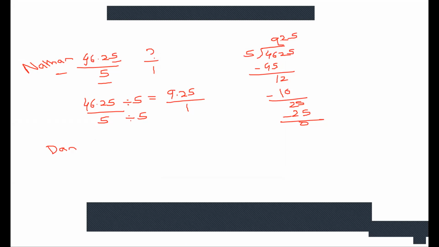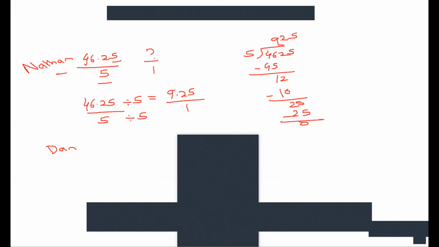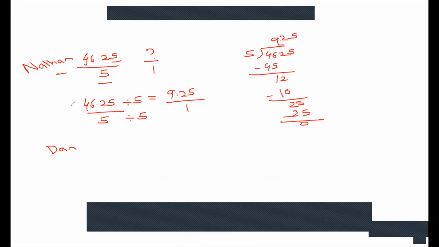Girls, are you all listening to me or no? Are you just coming present and going? I'm simply asking you how much Dan got as his salary. 78. Nathan got 46.25. How much did Dan get?